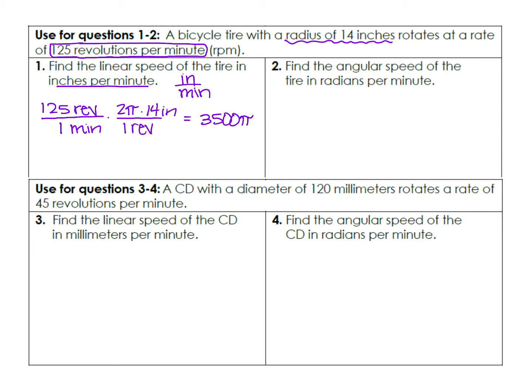And again, we're in inches per minute, or about 3,500 pi gives us 10,995.6 inches per minute.